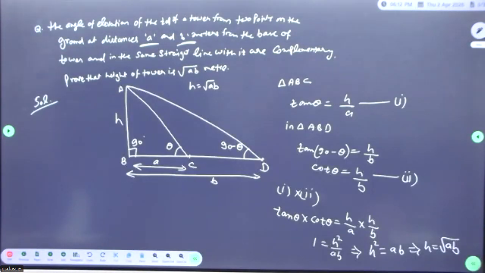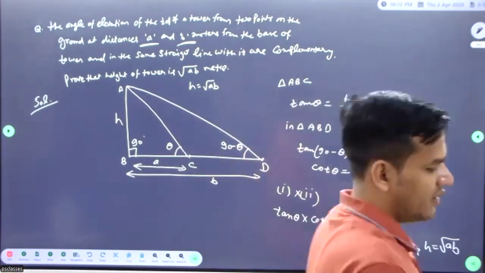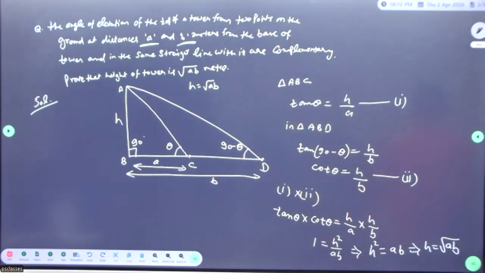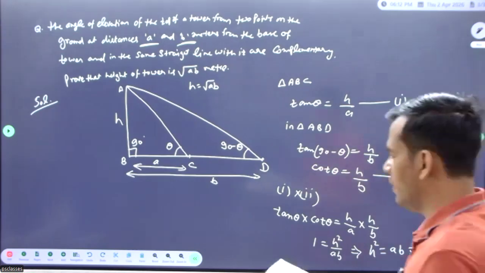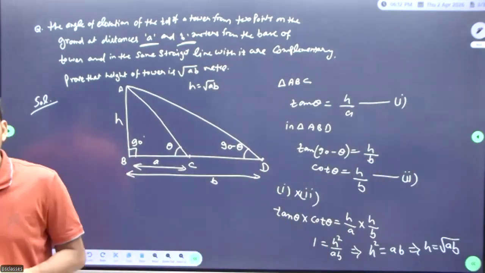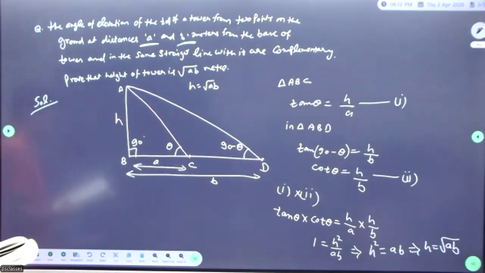Root ab is equal to this, and then this, then this. Presentation is confusing. Right? Root ab is equal to this. Done?